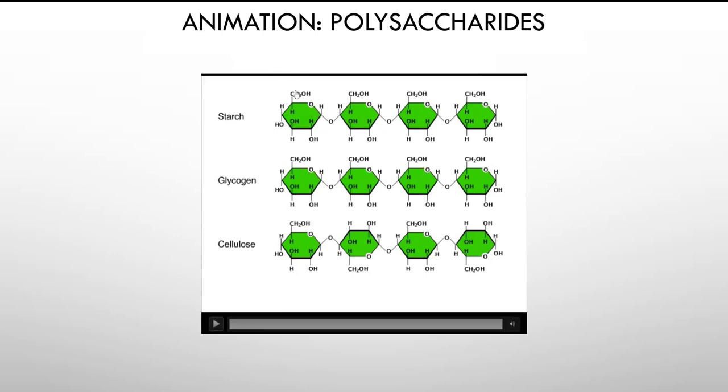In starch, the CH2OH groups are on the same side, whereas in cellulose they're on opposite sides. We talked about how starch and glycogen are very similar. The only thing is that glycogen tends to be branched.